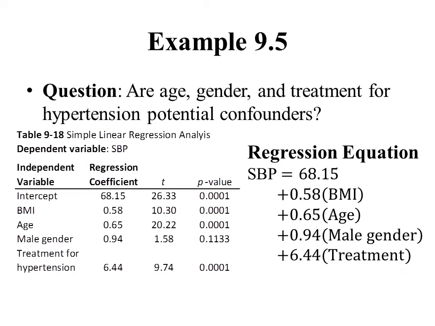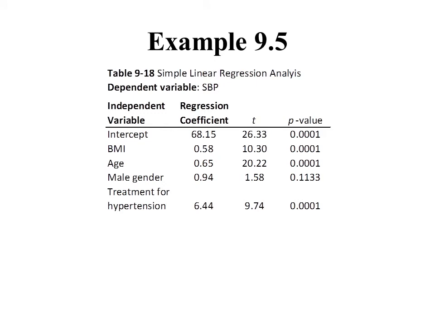Okay. Now that doesn't answer our question, are they potential confounders? We'll answer that question by looking at our p-values. We're going to interpret these p-values just like other p-values for regression analysis. A small p-value means that that variable is significant. A large p-value means that that variable is not significant.